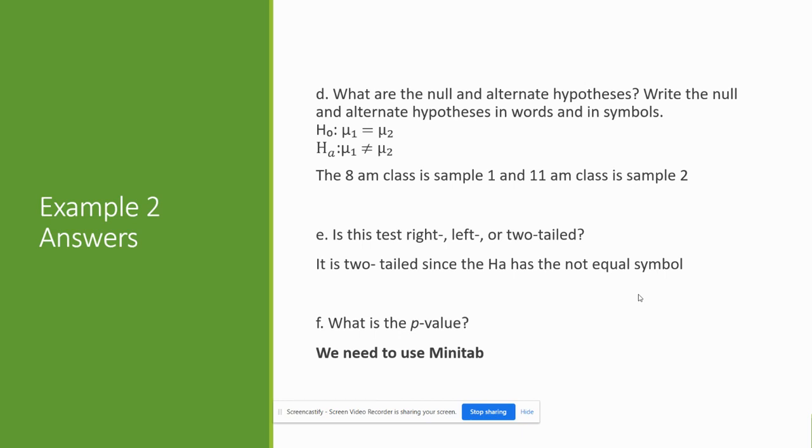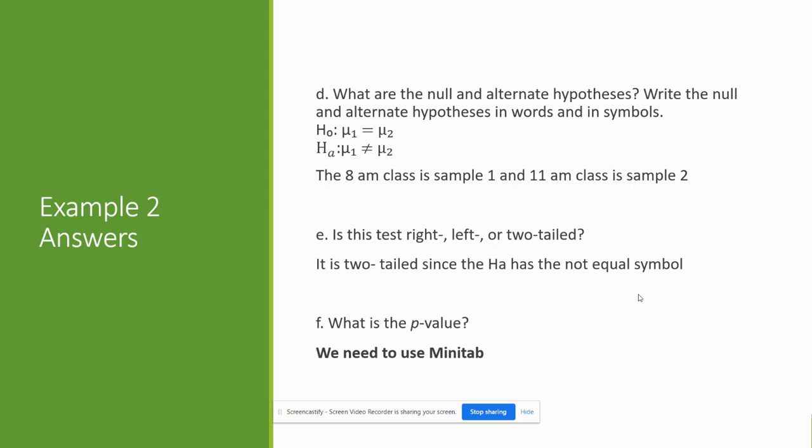My null is that the average final exam grade for the 8 a.m. class equals the average final exam grade for the 11 a.m. class. The alternative is the average final exam grade for the 8 a.m. class does not equal the average final exam grade for the 11 a.m. class. Is this a right-tailed, left-tailed, or two-tailed test? It's two-tailed since the alternative does not have the equal symbol in it.